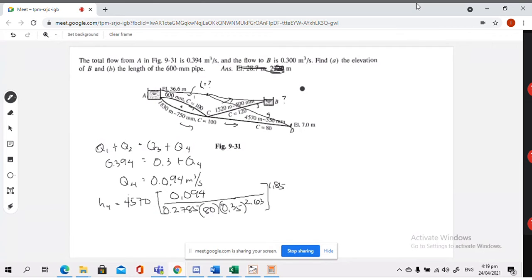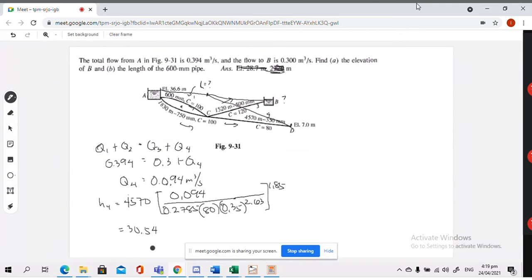So 4570 times 0.094 over 0.2785 times 80 times 0.35 to the 2.63 to the 1.85. Head loss 4 is equal to 30.54.